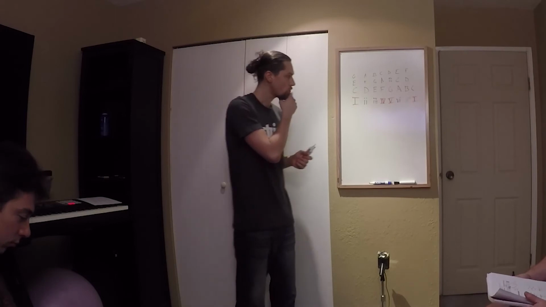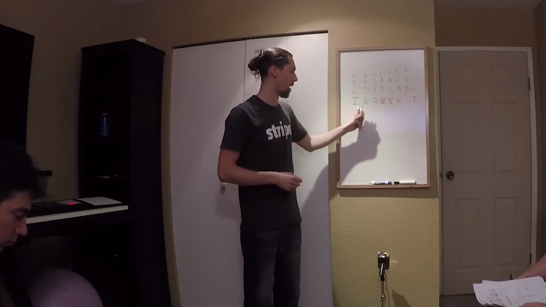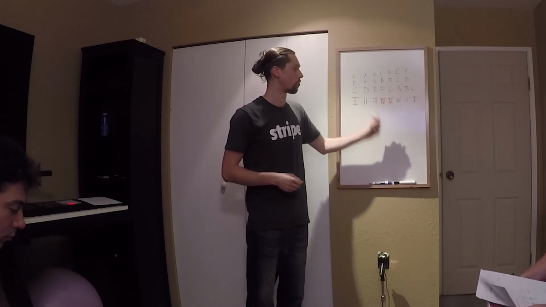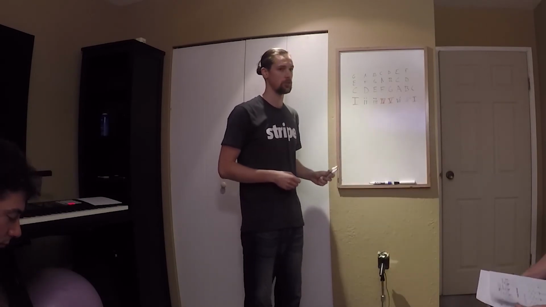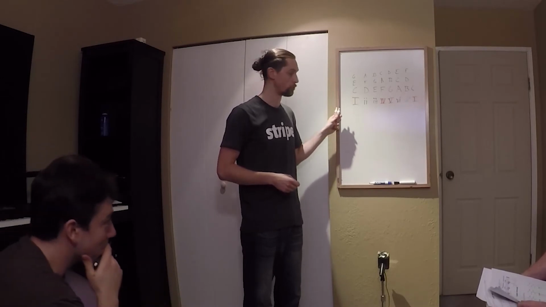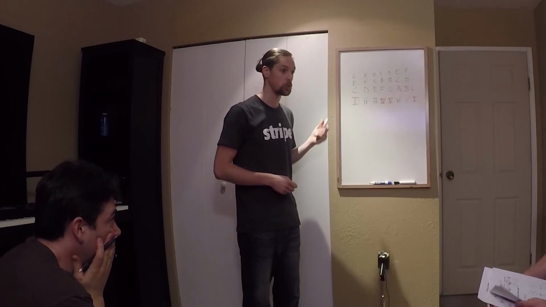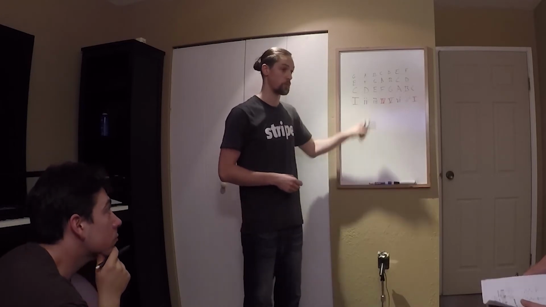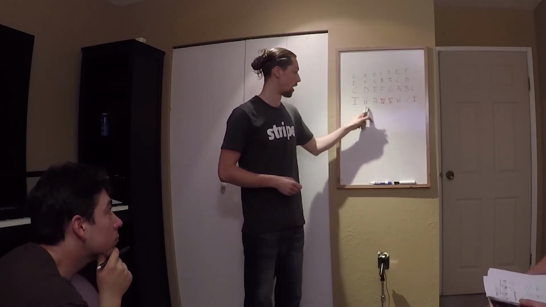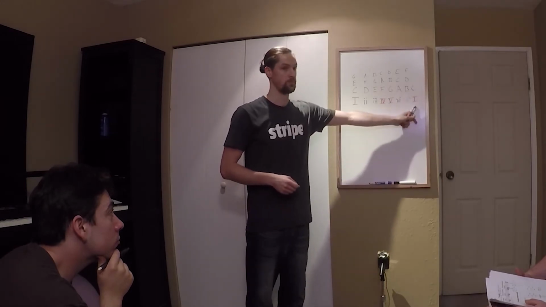Okay, so by doing this, we've set up a pattern of major, minor, and diminished triads, which is true and will hold for any major scale. Any major scale that you're playing in will follow this pattern of major, minor, minor, major, major, minor, diminished, major.